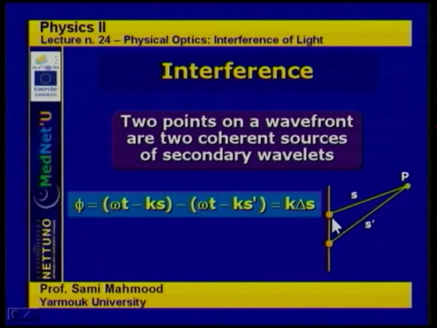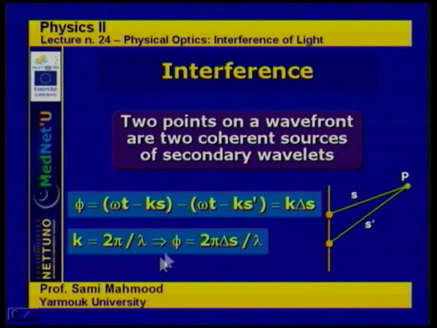So we consider the path difference, and the phase difference between these two rays coming from these 2 points: the phase for the first ray at point P is omega t minus ks, and the second is omega t minus ks prime, and the difference in phase is thus equal to k times delta s, where delta s is equal to s prime minus s.